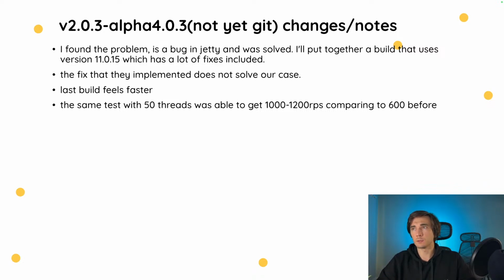It started working faster. For example, in the 50 thread tests, it is now able to get about 2 times more requests per second than before. But unfortunately, it is still not able to handle these go away connection reset cases, and it's still not there.